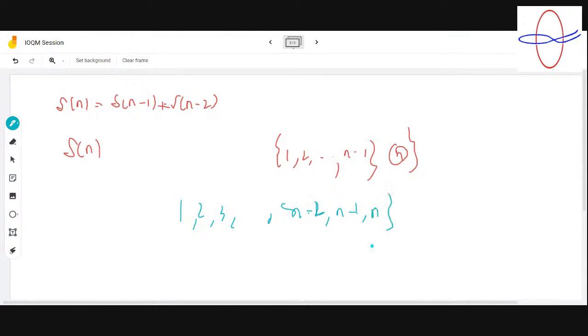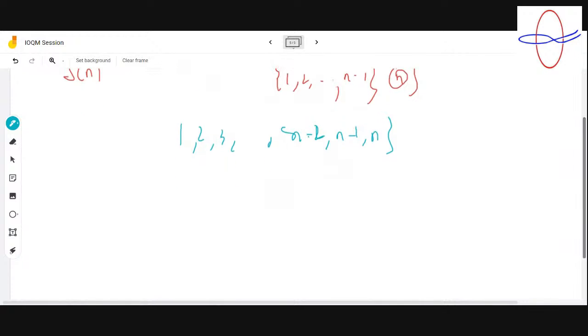Among this there are two cases: n is there, and n is not there.